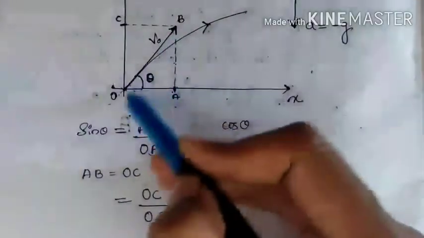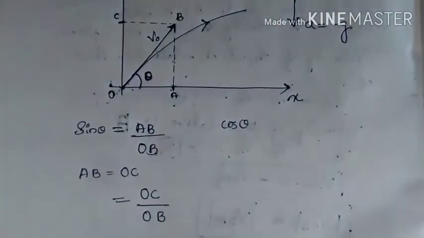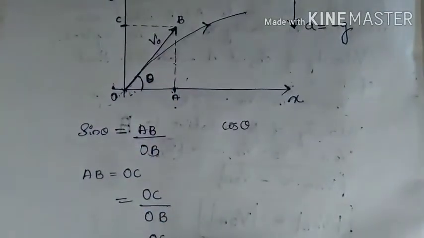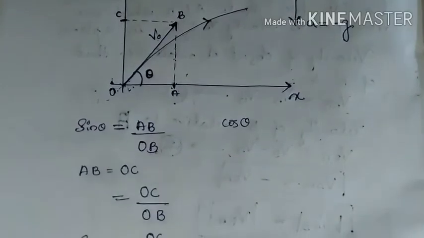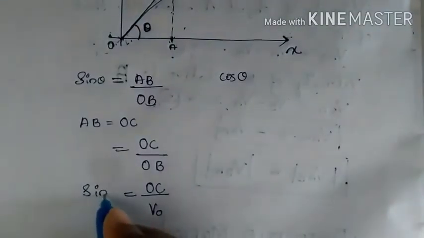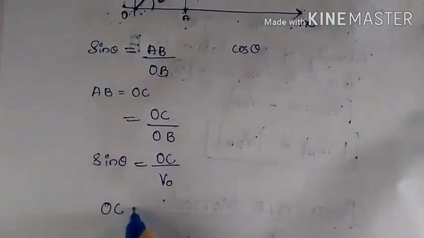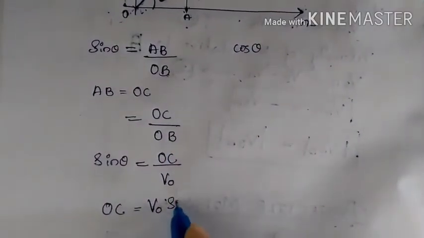OB, you know, is v naught. What we don't know is OC, that we have to find, and here we have sin theta. So OC will be v naught sin theta.